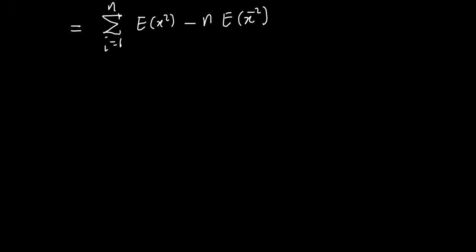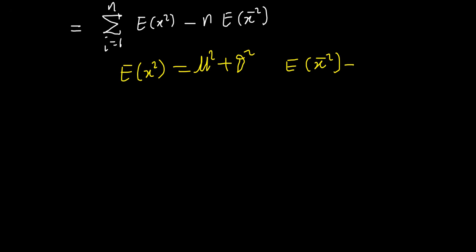So another principle that we need to know is that when you have got the estimator of x squared, this is equal to mu squared plus sigma squared, and when you have got the estimator of the mean squared, this is equal to mu squared plus sigma squared divided by n. So now we're going to substitute on top.